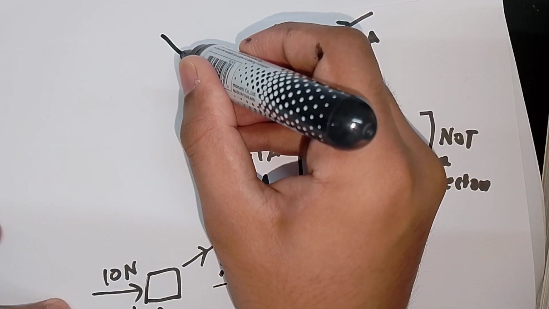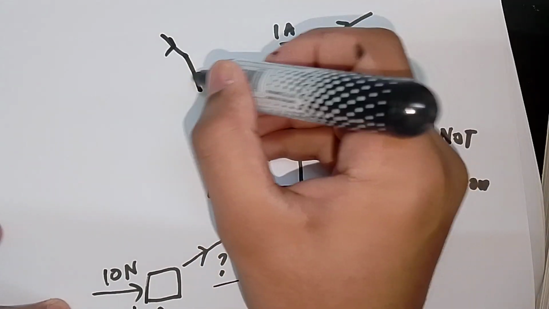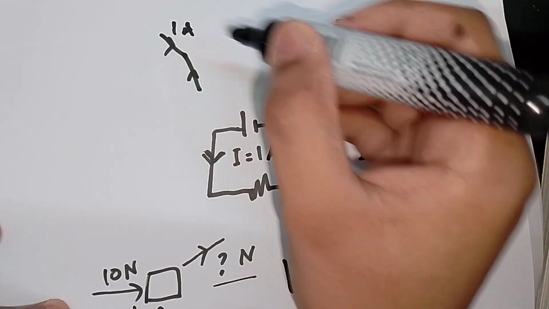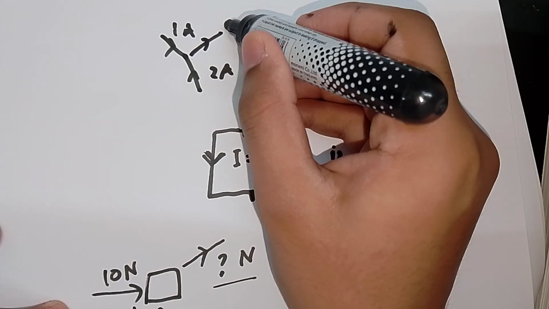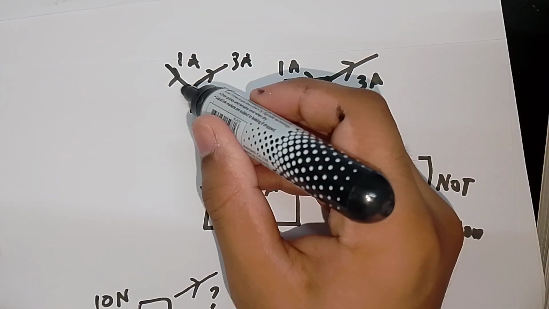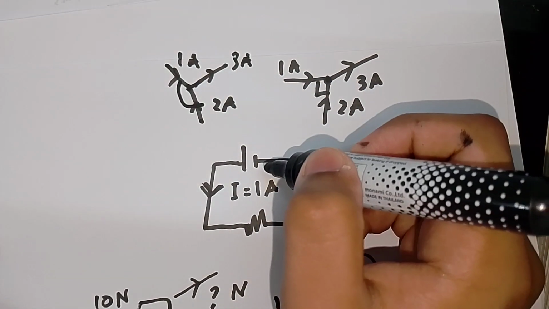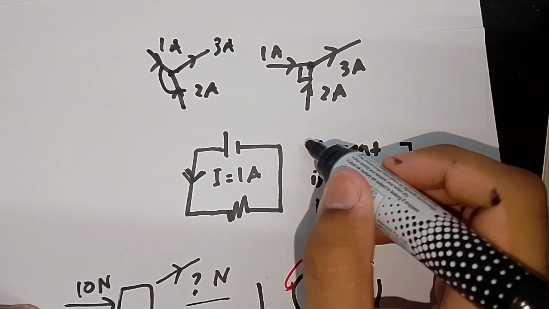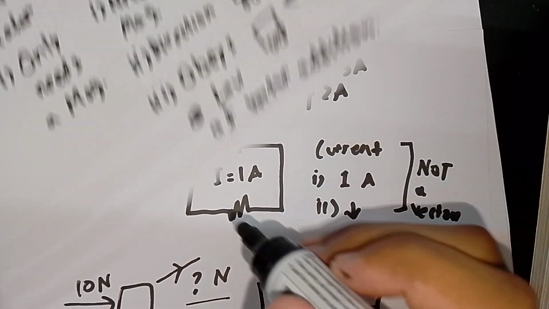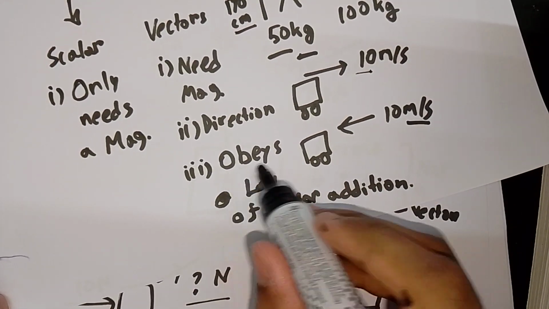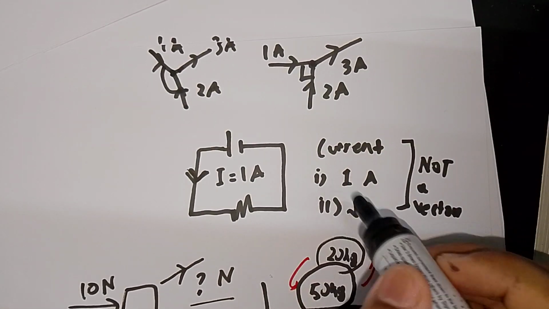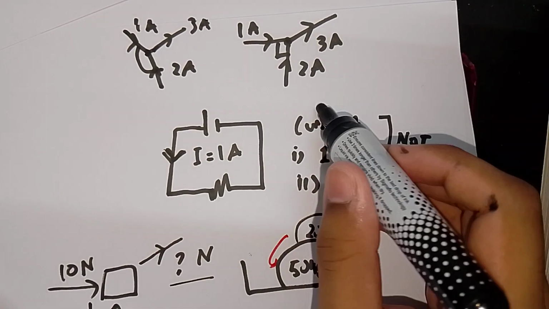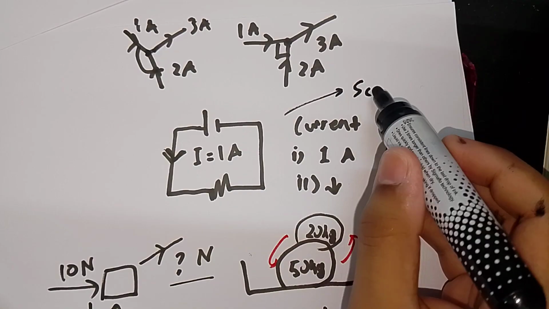Even if we had a different angle, for example, let's say 1 amp is flowing through here, 2 amps is flowing through here, and 3 amps would flow out through here, even though the angle is different. So current essentially doesn't follow this third condition. It doesn't obey the law of vector addition, so we don't consider it as a vector. It's instead considered as a scalar.